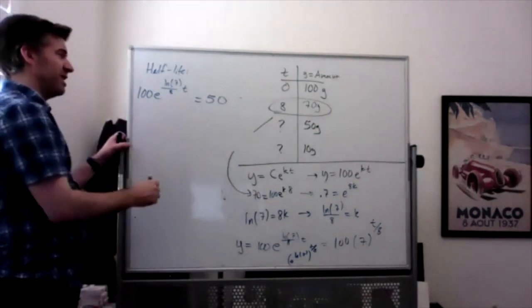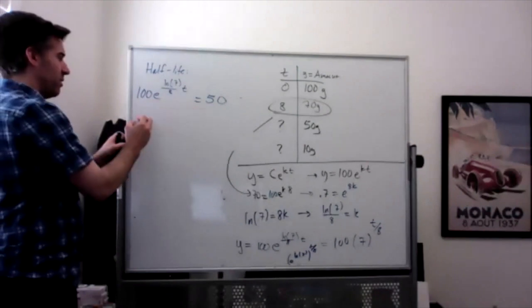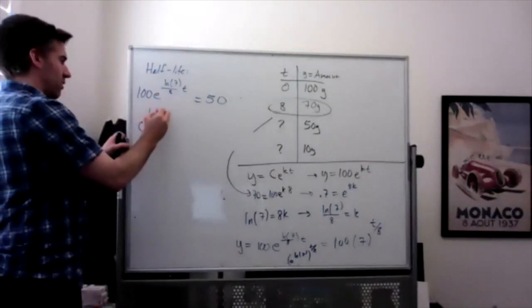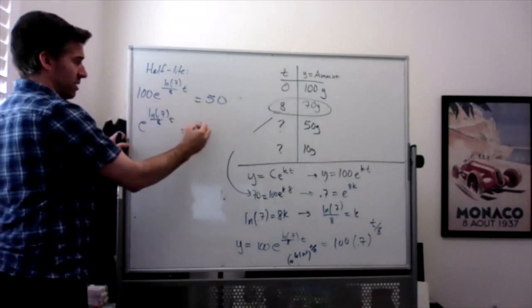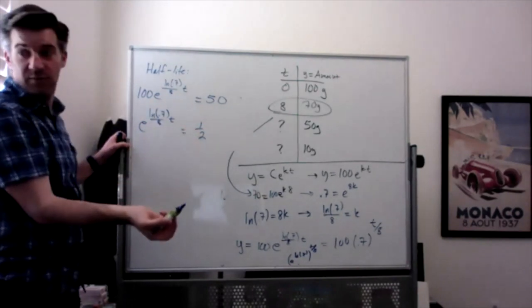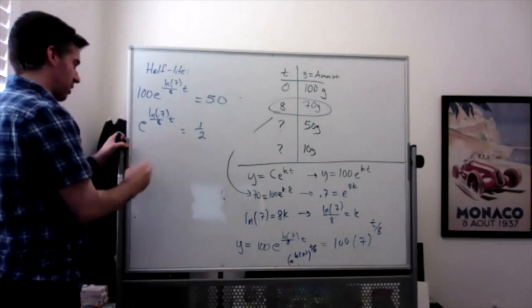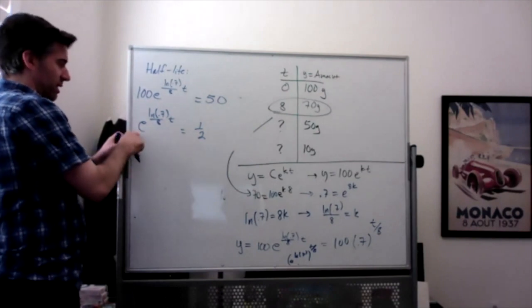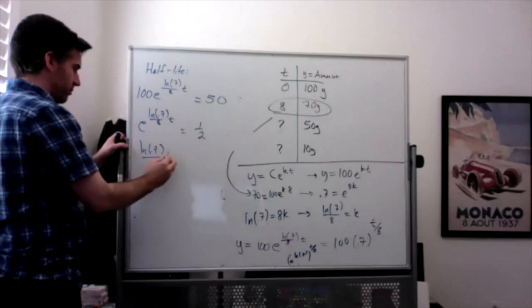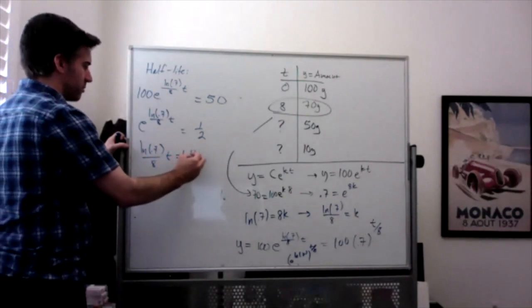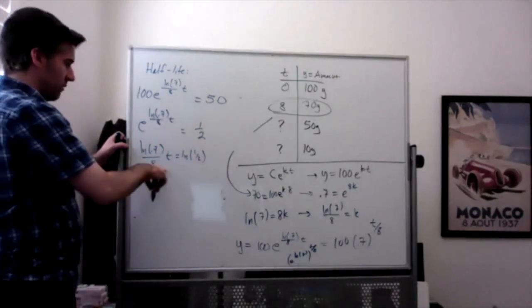And then solve for t. Divide both sides by 100. You get e to the natural log of 0.7 over 8 times t equals, well, 50 divided by 100 is not surprisingly 1/2. And then take the natural log of both sides. The natural log of e to the this is just the exponent.